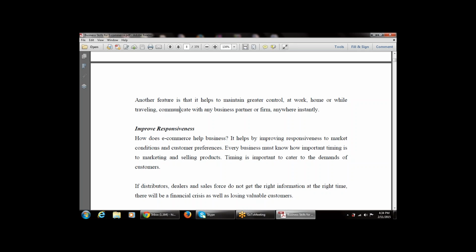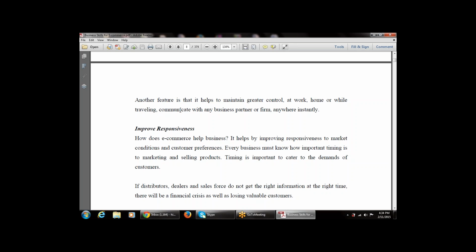One of the features available is improved responsiveness. Whenever we use e-commerce, there is improved responsiveness, that is a direct response among various technologies and various businesses. How does e-commerce help business?